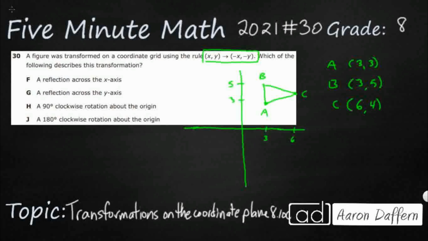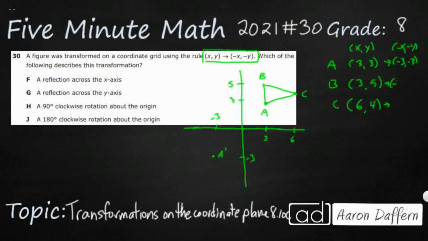So if I wanted to switch this into my negative x, negative y, that's what the rule says is going to happen. Now that I've plotted some of my own coordinates, I can do that. It's literally just going to be (-3, -3) for my A prime.